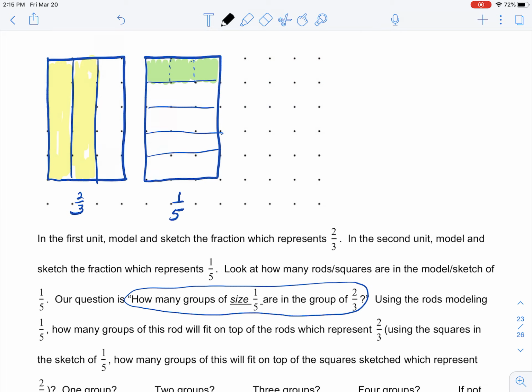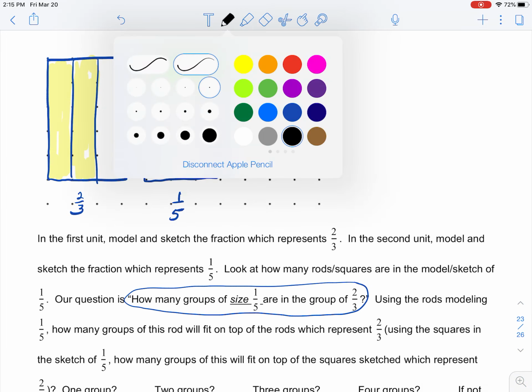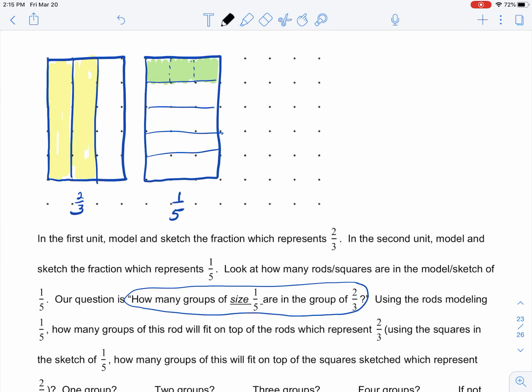So I'll usually get a dark color and maybe a little wider pencil to write with, and I'm going to draw one group. This is one group of the 1/5 that fits there. And then you can draw it different ways. I see another one right here. I see a second group. So there's a second group of the 1/5 that fits there.